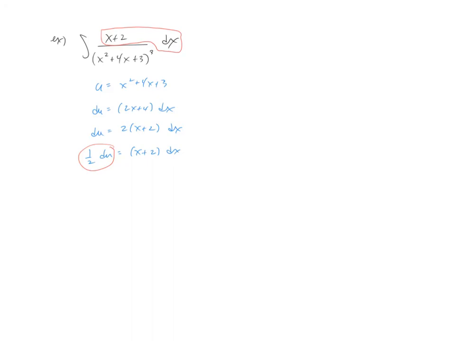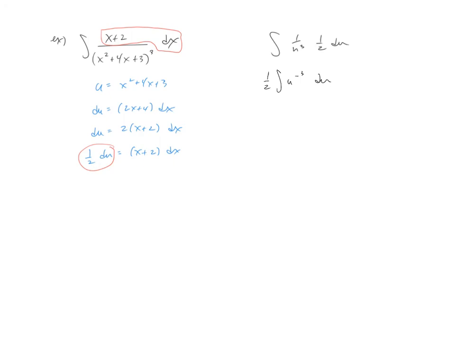So as I write that now, I'm going to have a 1 over u to the 3rd and then a 1/2 du. So unlike the last couple where we just dealt with constants, now having an additional part of the function as our substitution is actually going to be quite helpful. So now when I go ahead and evaluate, I went ahead and pulled the constant out.